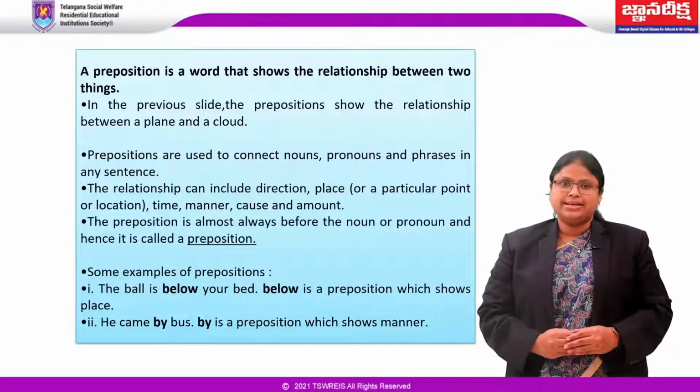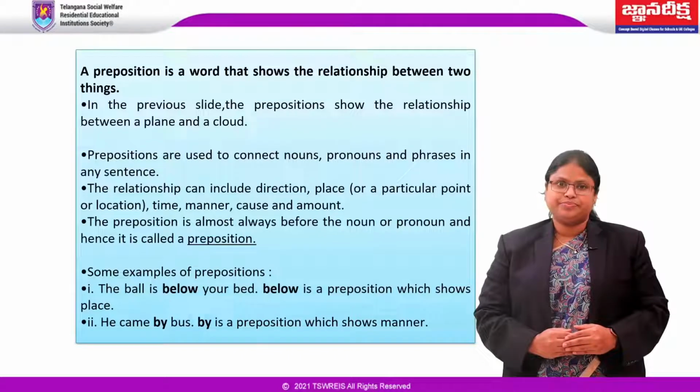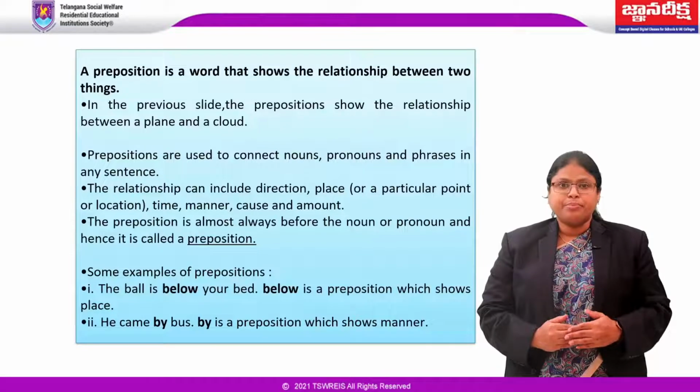Prepositions are the words that are used to connect nouns, pronouns, and phrases in any sentence. The relationship can include direction, place, a particular point or location, time, manner, cause, and amount. The preposition is almost always before the noun or pronoun, and hence it is called a preposition.